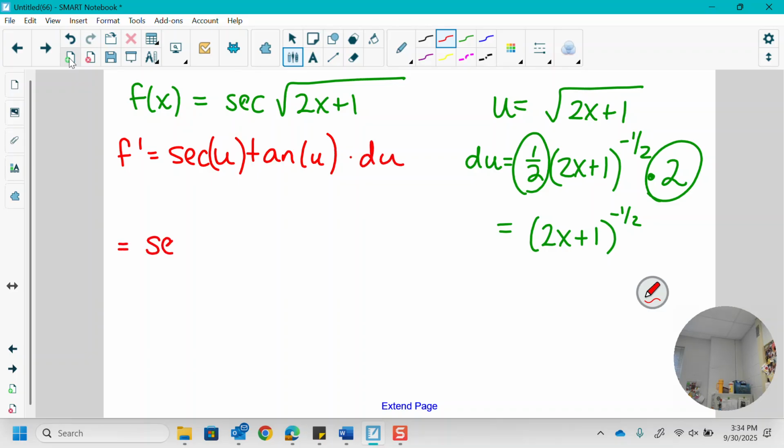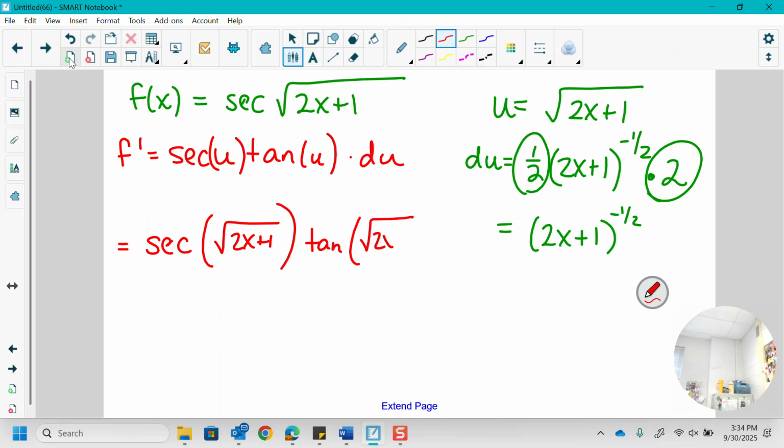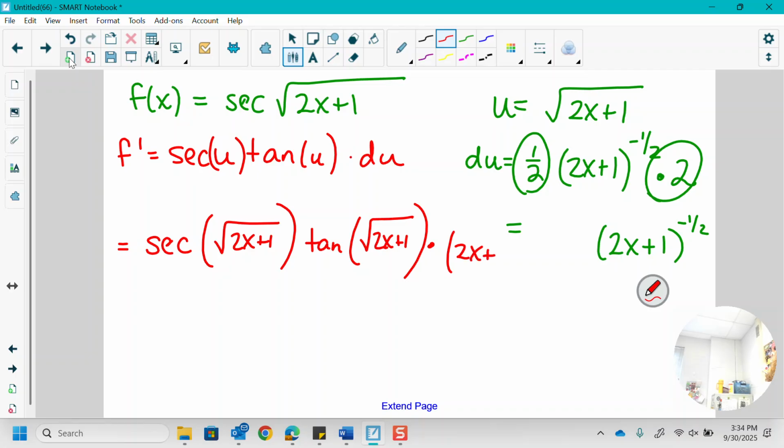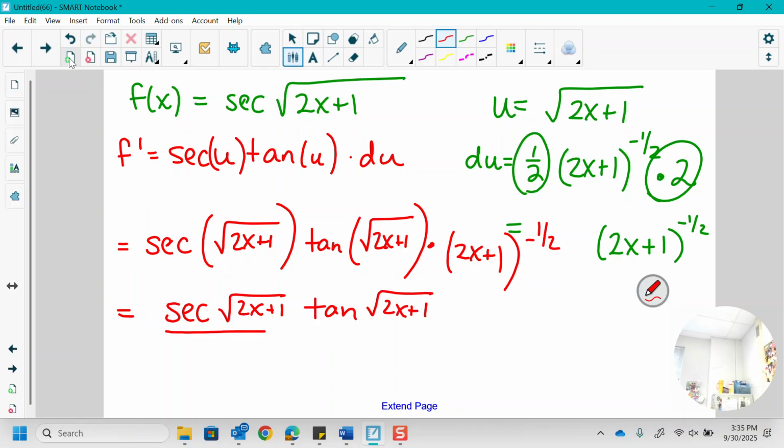So it's the secant of the square root of 2x plus 1 times the tangent of the square root of 2x plus 1 times 2x plus 1 to the negative 1/2. This can be made to look crazy: secant of square root of 2x plus 1, tangent of square root of 2x plus 1, all divided by the square root of 2x plus 1.